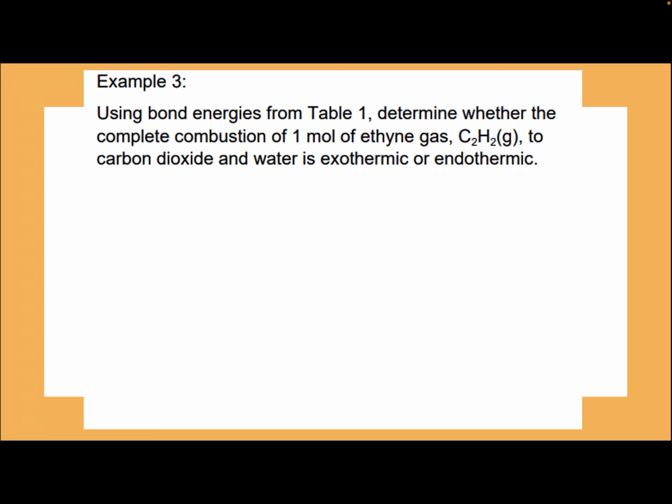And then step 2 is determine the bonding of each substance by drawing the structural formulas. Okay, so what is the bond? And then step 3 is determine the number of moles of reactants and products. Okay, so that is the number of moles of bonds broken or formed and the molecular bond energy for each. And then step 4 is calculate the enthalpy change.